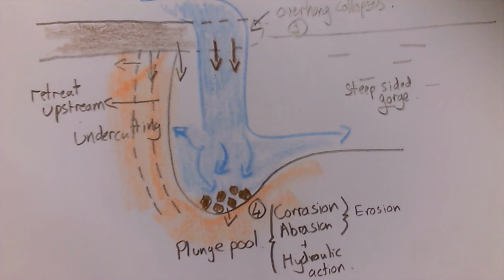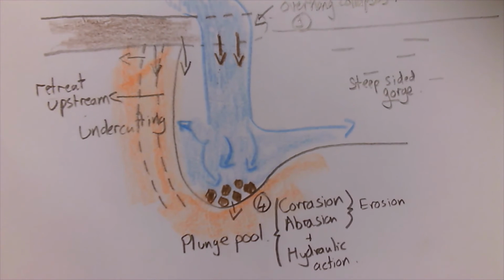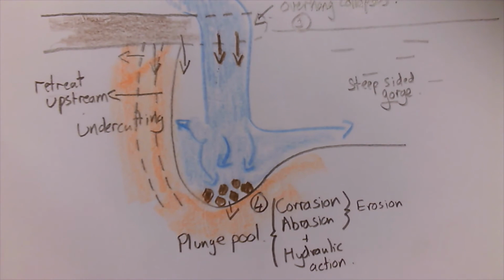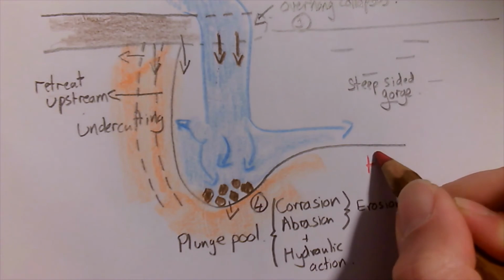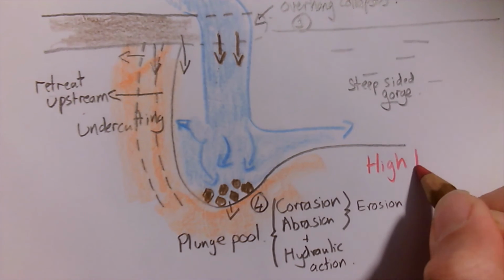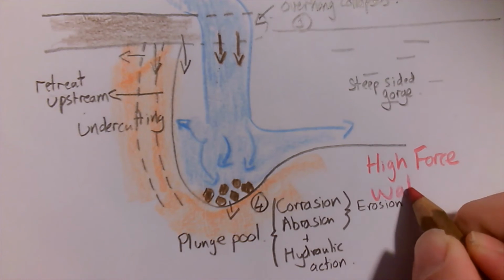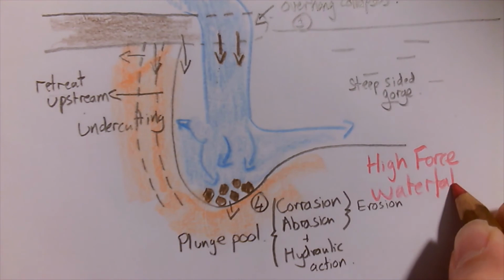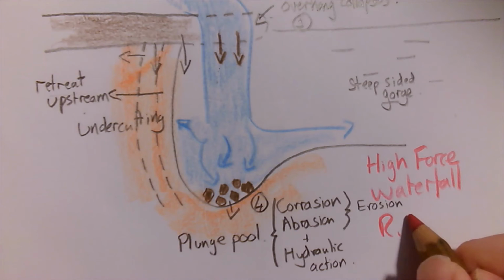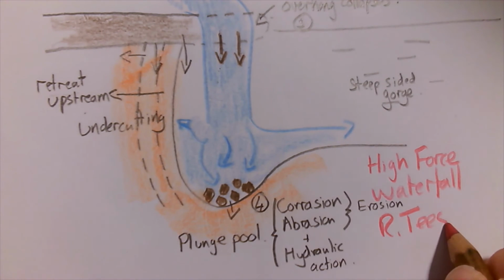The only thing that remains is to identify a particular case study of a waterfall. Now, you have been studying the High Force waterfall on the River Tees in northeast England.